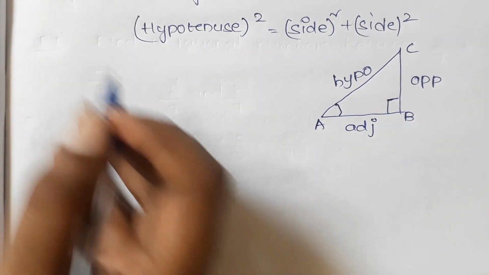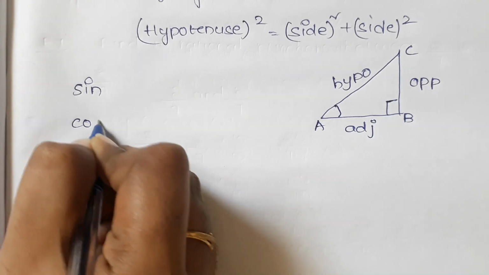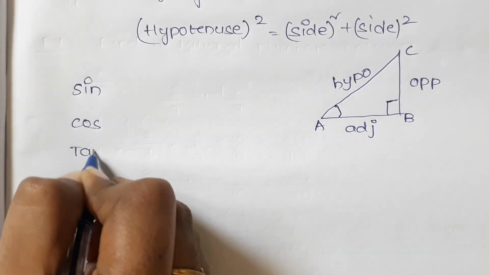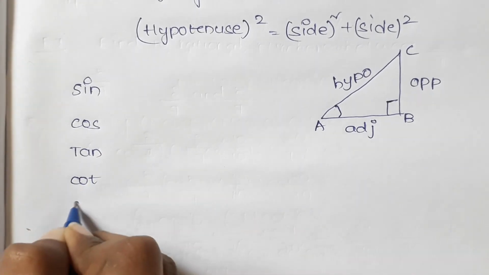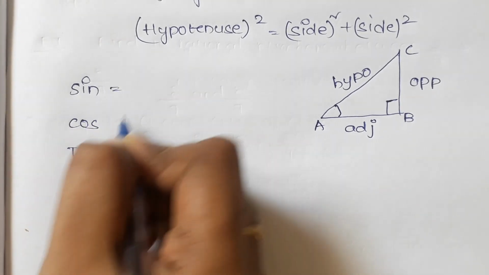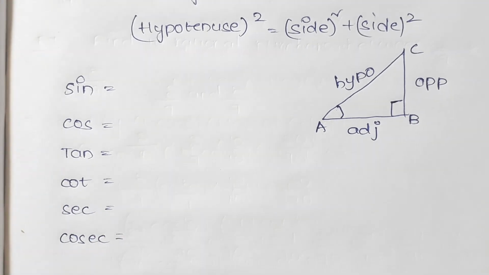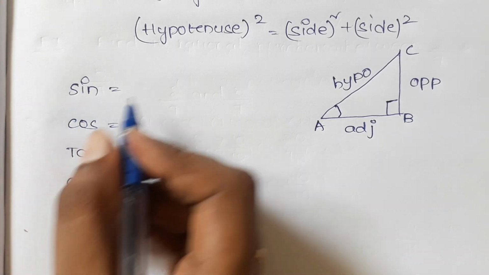In trigonometry, we have sine, cos, tan, cot, secant and cosecant. These six are mainly used in trigonometry.